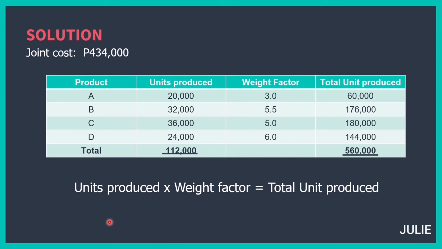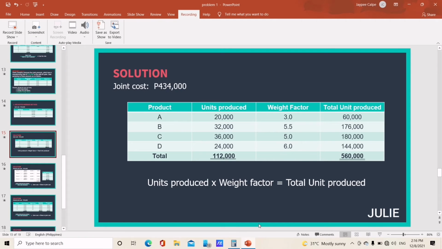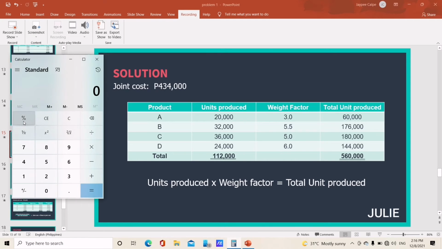The first thing that we're going to compute in this problem is the total units produced. In computing for the total units produced, we will use units produced multiplied by the weight factor. Use the calculator again.